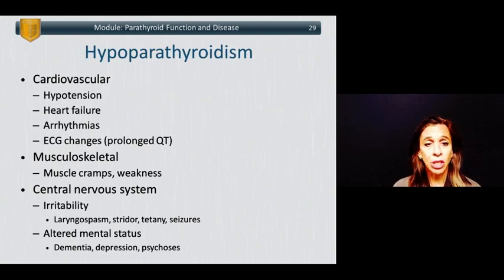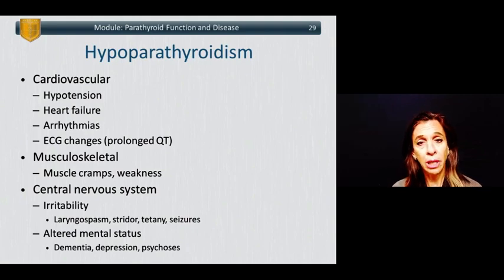So what about the other extreme, and that's hypoparathyroidism, which typically occurs secondary to parathyroid surgery and not de novo. The symptoms are related to the cardiovascular, musculoskeletal, and central nervous systems typically. Cardiovascularly, hypotension, heart failure, arrhythmias, and ECG changes, specifically a prolonged QT, are the most common implications.